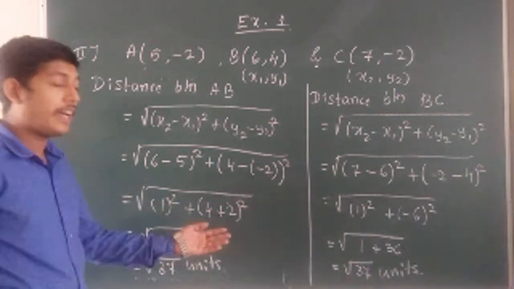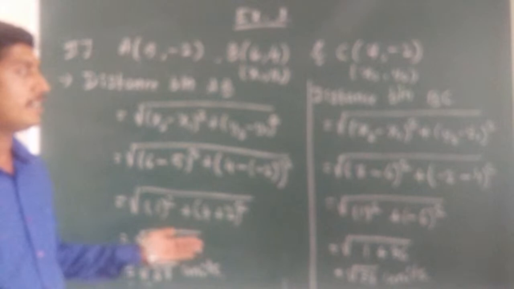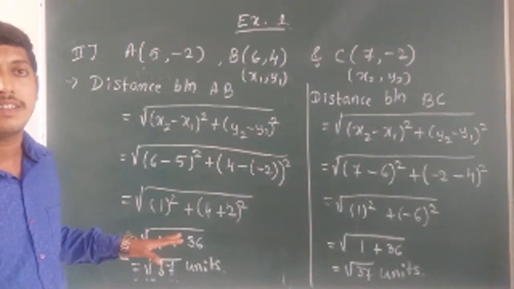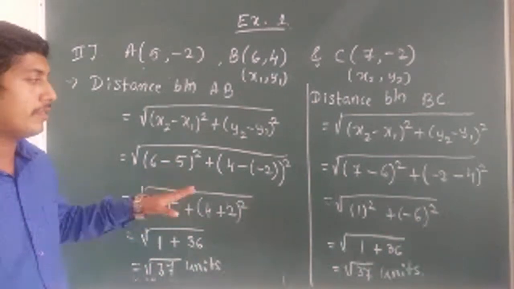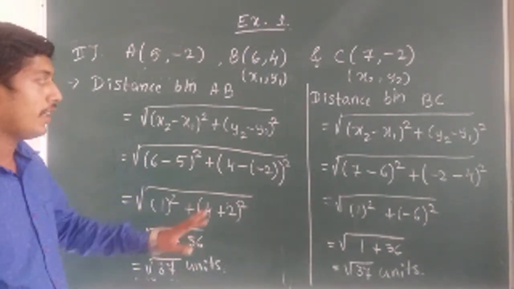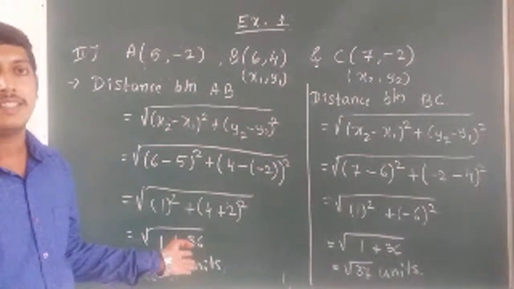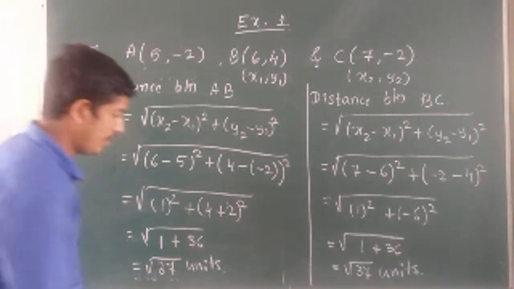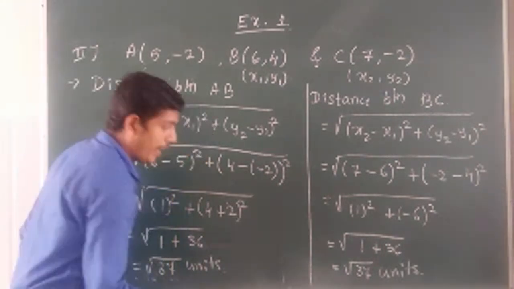Now already I got the two sides as equal, but I can't tell yet that the points constitute an isosceles triangle, because if I get the third side as equal, then it will give an equilateral triangle. That's why I want to find that distance also.